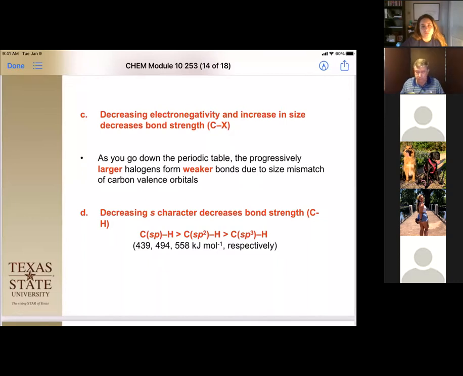Yeah, no, I'm sorry, I said it backwards. The sp3 is the weakest, the sp2 is the middle, and the sp is the strongest. Decreasing S character decreases bond strength. So these are actually flipped around, but these are in the correct order. Strongest, most S character, weakest, least S character.